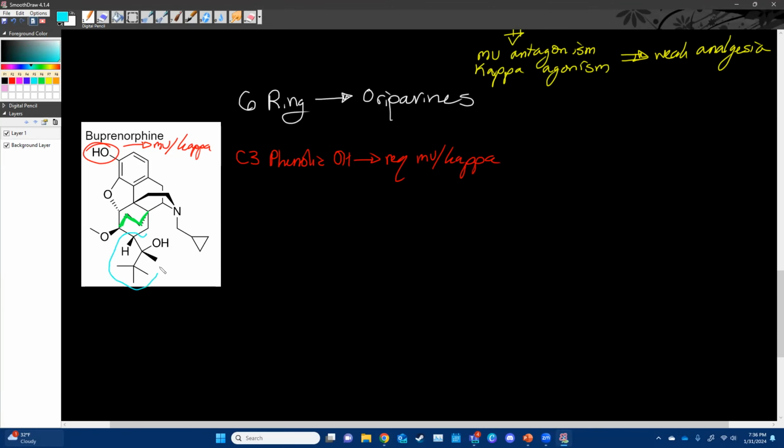In any regard, here what we see on carbon 7 is a big alkyl group. What this extra group does is that it actually increases agonistic activity.